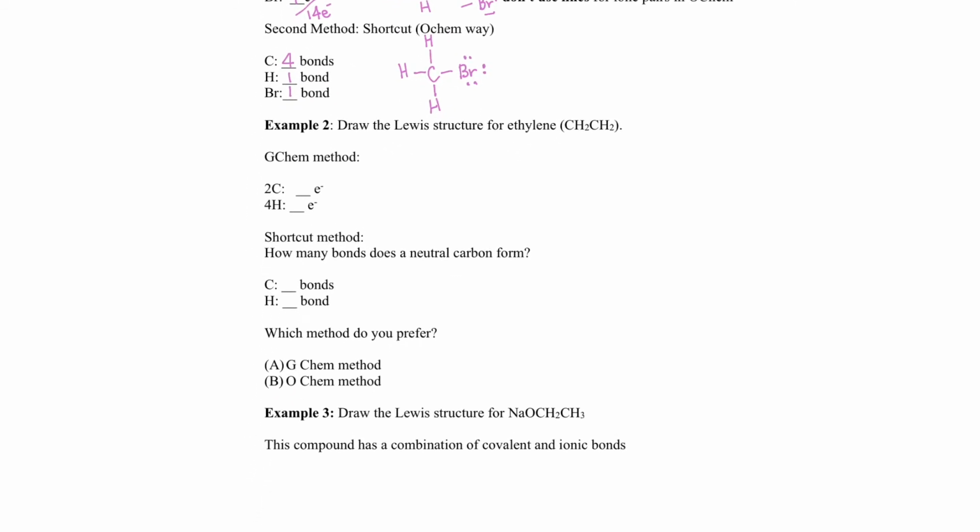Let's tackle example 2, drawing the Lewis structure for ethylene, which is CH2CH2. Using the GenChem method, we say that the 2 carbons have 8 valence electrons. And then the 4 hydrogens have 4 valence electrons. So that's 12 electrons total. And we need to arrange it such that we use up the 12 electrons and have octet.